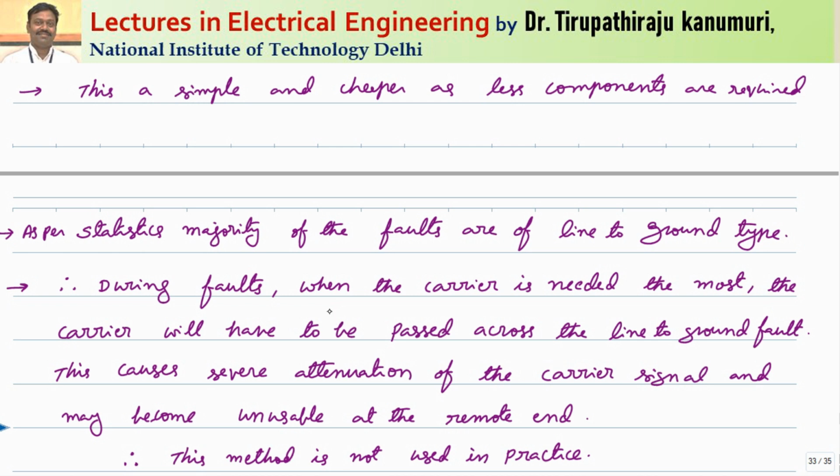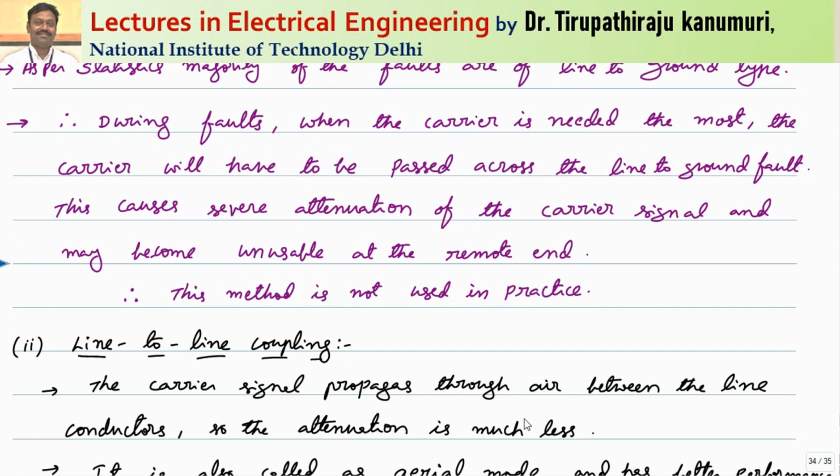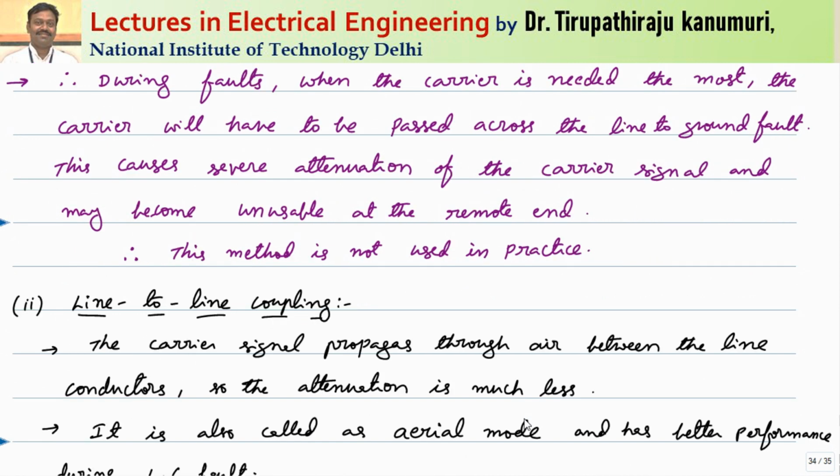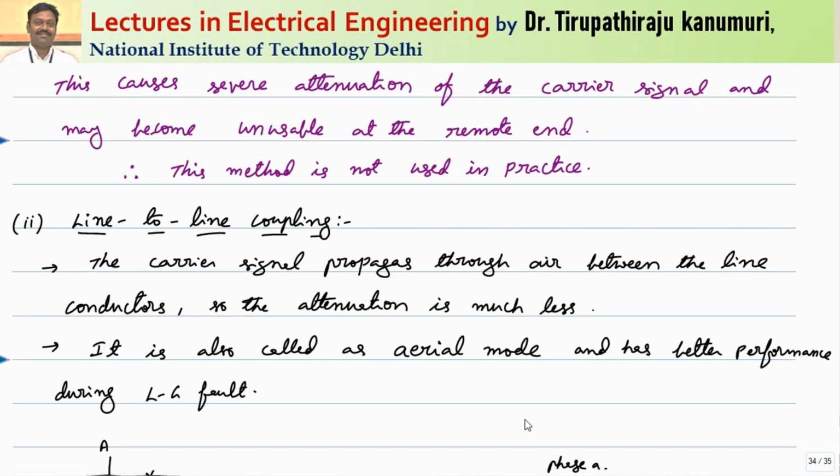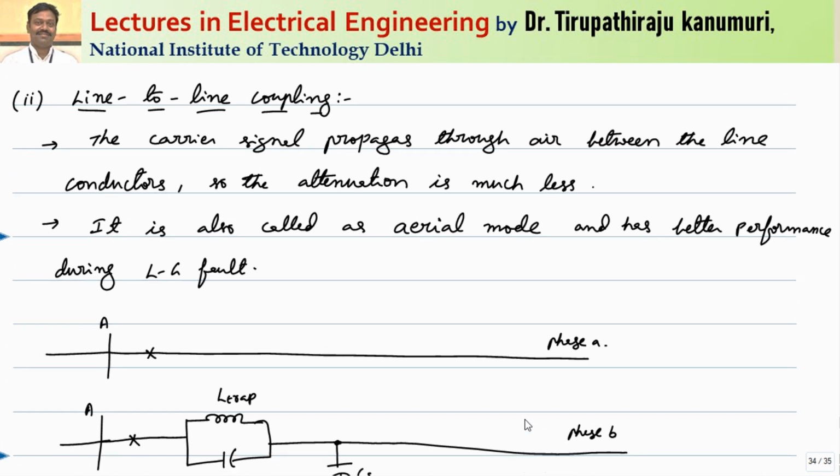But during a line to ground fault, as that line is connected to ground, the potential becomes zero because it comes to the ground potential. So huge attenuation will happen in this carrier signal, and sometimes the attenuation may be so huge that it cannot be used at the remote end. That means there is no use in transmitting the signal. That's why this is used very rarely in practice.